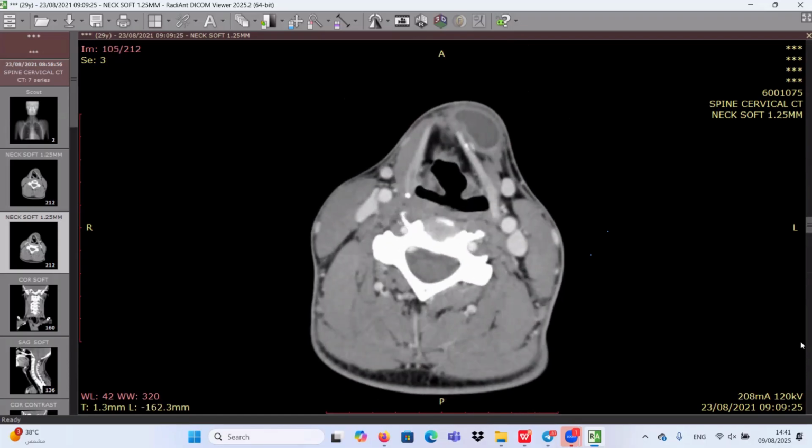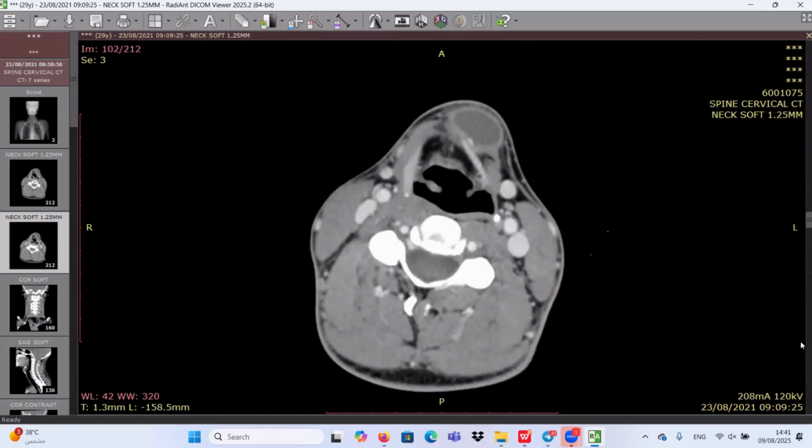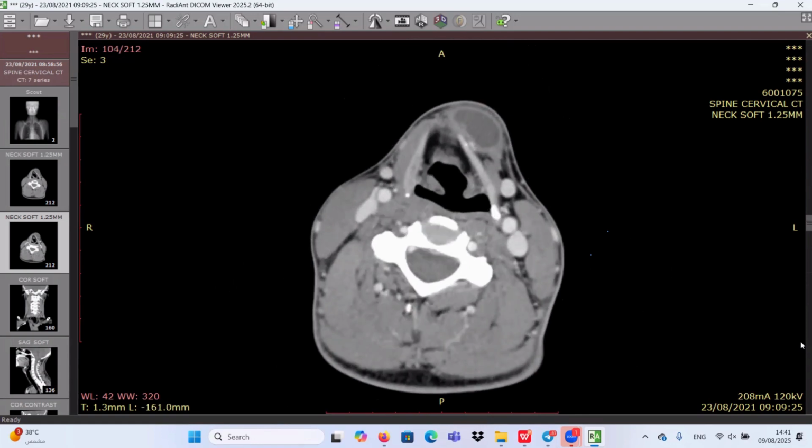I think it is enough to finish this case. Thank you so much, candidate number 1. So we have a case of thyroglossal cyst. Thank you, sir. Let's move to the second case, please.